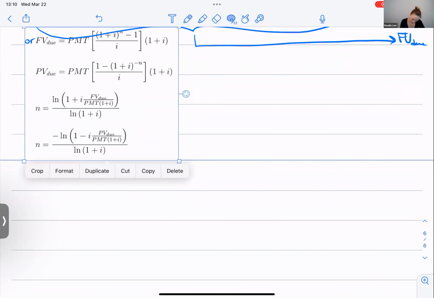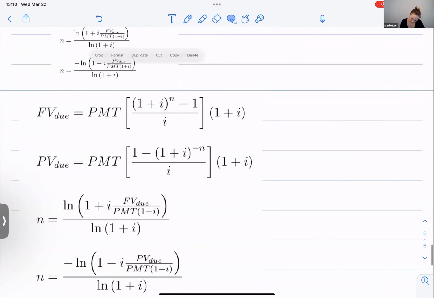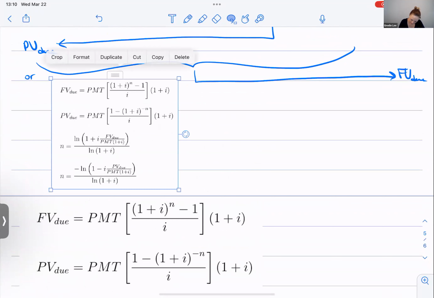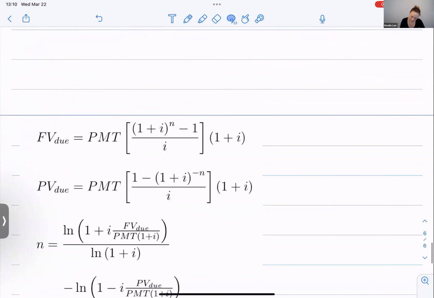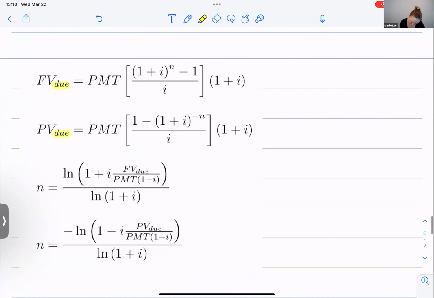I'll paste it in again so we can talk about it. And maybe delete this one. So here, notice that we've got these subscript due everywhere. And that's really the only difference, except that now we have this extra payment period of interest.